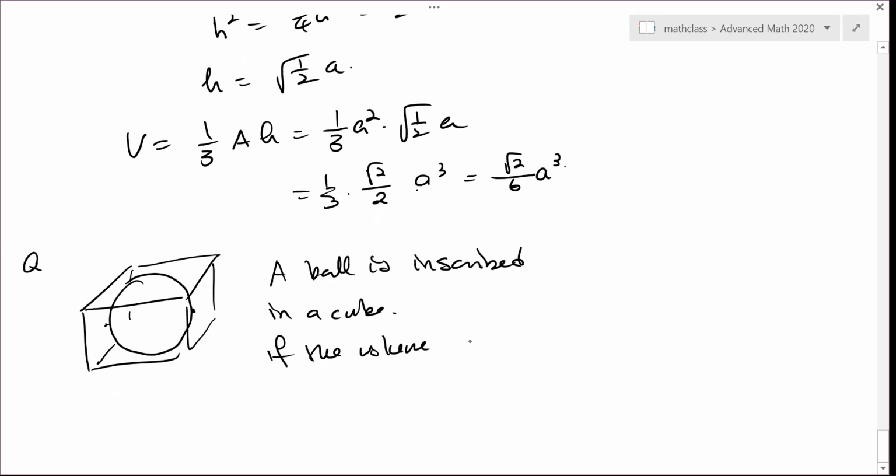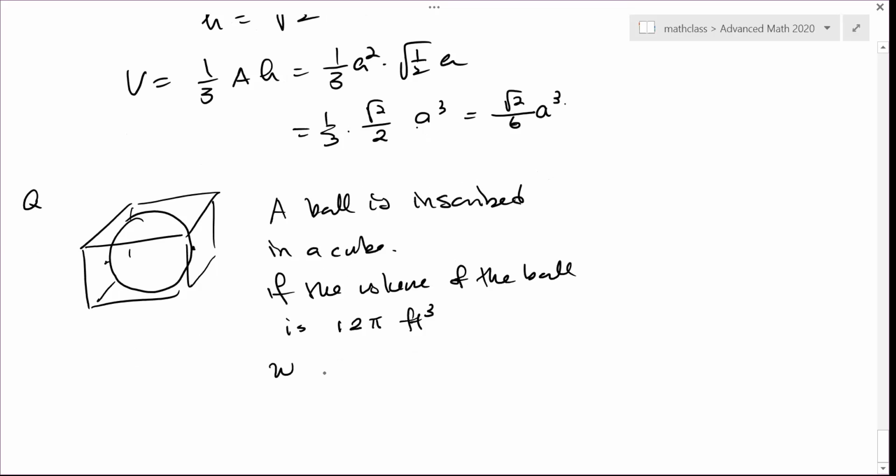If the volume of the ball, you know that is 12 pi cubic meters. What is the volume of the cube? Okay, please do this problem.